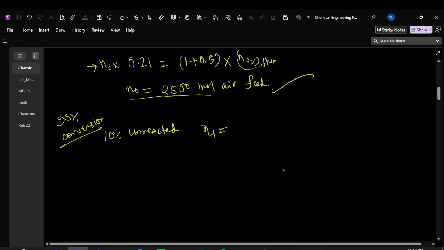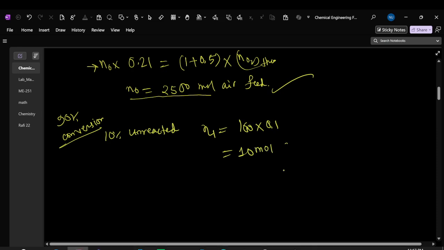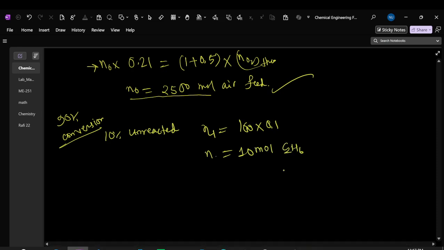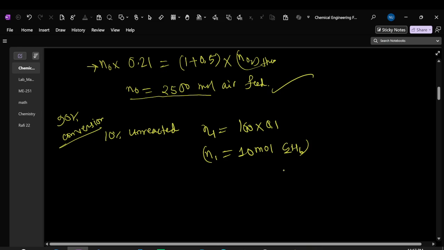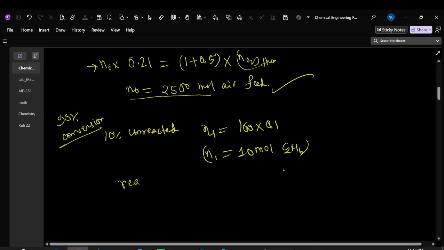So n1 equals 100 into 0.1, which is unreacted ethane. This will be 10 mole of ethane, so n1 is 10 mole. Then reacted will be 100 into 0.9, that means 90 mole reacted ethane.